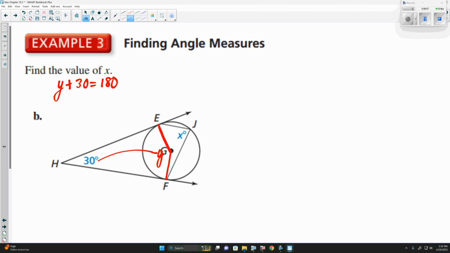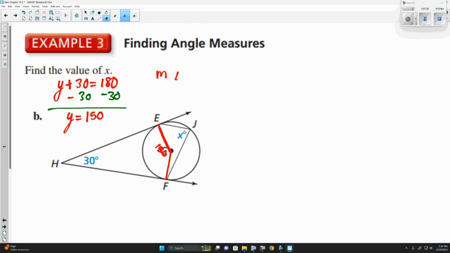And this will make sense where we're going. Now, here we can subtract 30 degrees, telling us y is 150. So what that's telling us is that this central angle should be 150 degrees. Now, that doesn't seem like it's hugely important, but it does tell us one thing. Because if that angle is 150 degrees, what is the measure of arc EF?